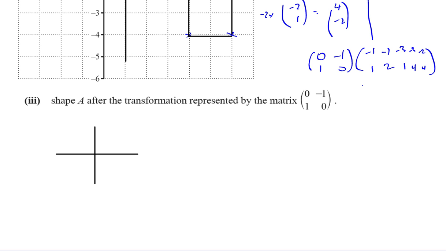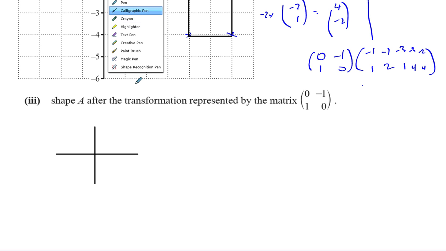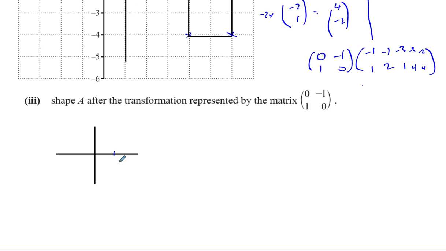You're just picturing a pair of axes in your mind, and you have point 1, 0, which I'm going to call I, and 0, 1, which I'm going to call J. And this matrix, which is 0, 1, minus 1, 0, the first column represents the new position of I after the transformation has taken place. And this represents the new position of J, which I'm going to call J dash.